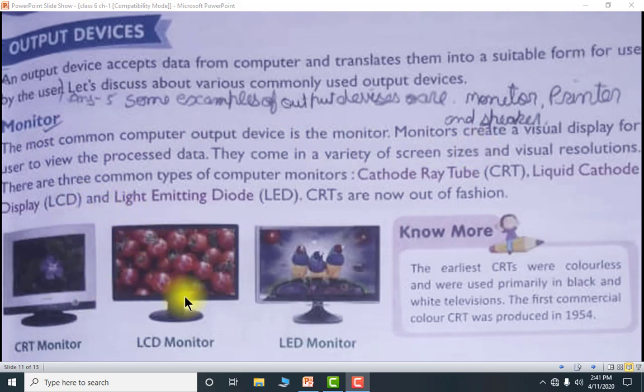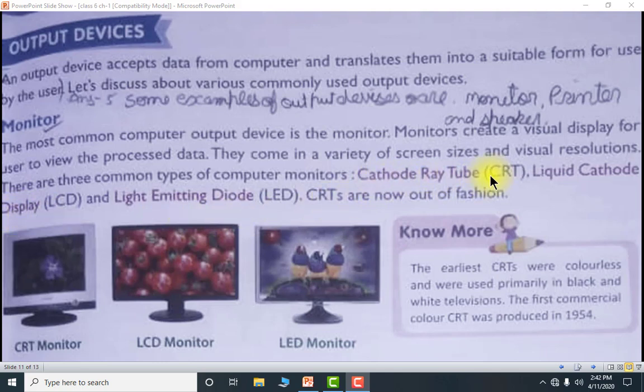The data processed by the CPU will be given to these, and they will display the data to you. So CRT, LCD and LED, these three short forms are important. Full forms you have to learn: light emitting diode, liquid crystal display and cathode ray tube.